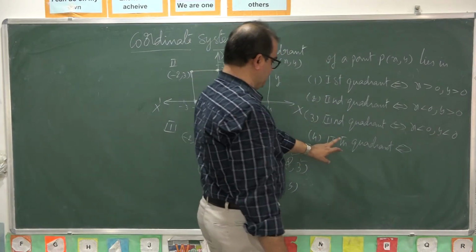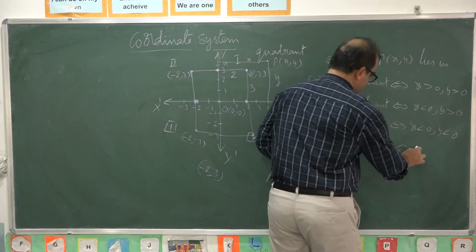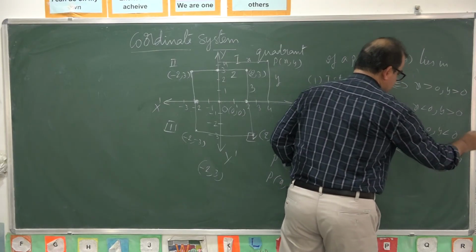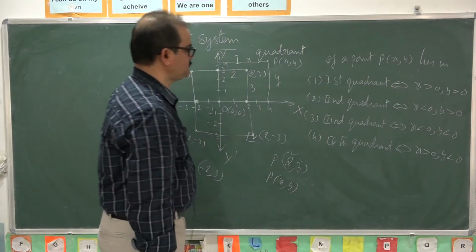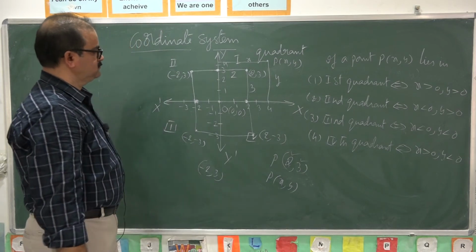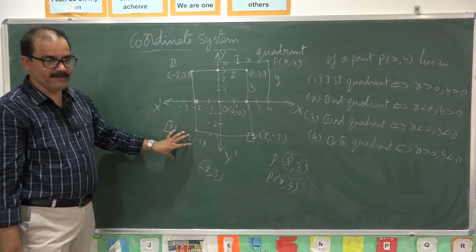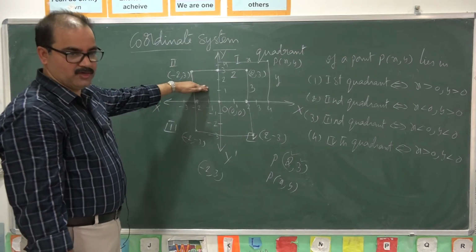If a point lies in fourth quadrant, then x is positive and y is negative. In this way, we represent any point in two-dimensional coordinate system.